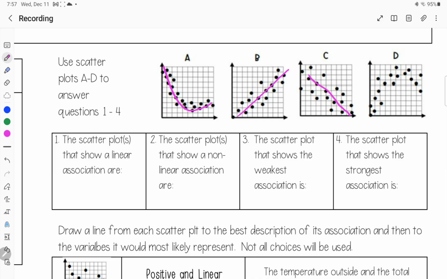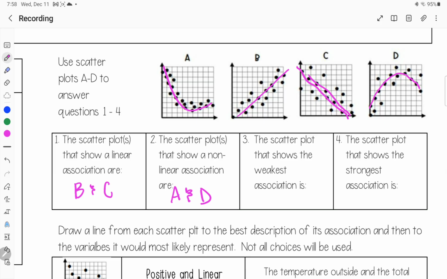This one, for the most part, is going like a straight line, not like it keeps curving, and then this one curves like that. So the two that should be linear would be B and C. The scatter plots that are nonlinear, where we can still see the pattern, are A and D.